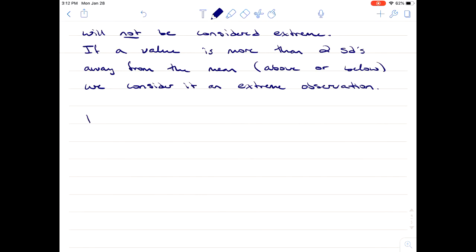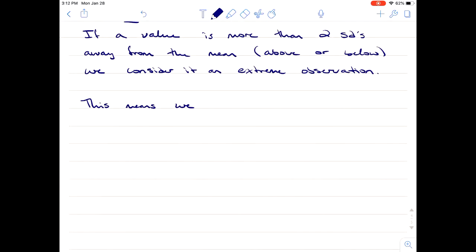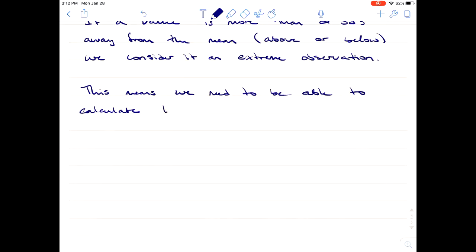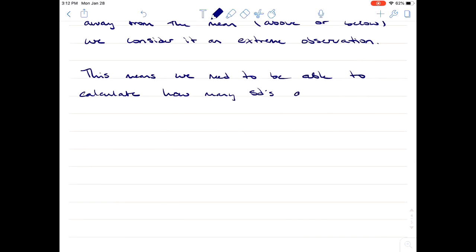And so this means we need to be able to calculate how many standard deviations a value is from the mean.